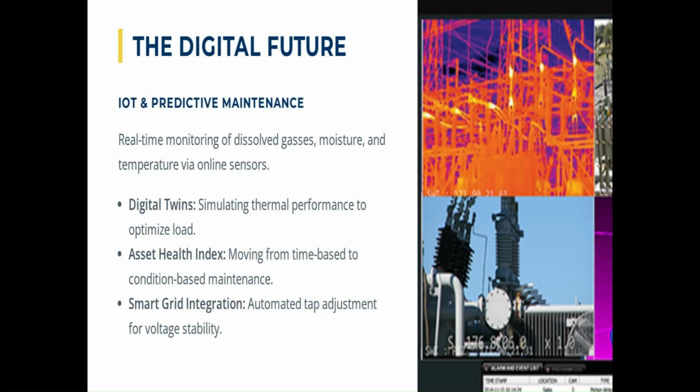Next, these are the pictures for our digital future. Here, these are coming as new generation technologies, that is digital twins. They simulate the thermal performance of the transformer to optimize the load.